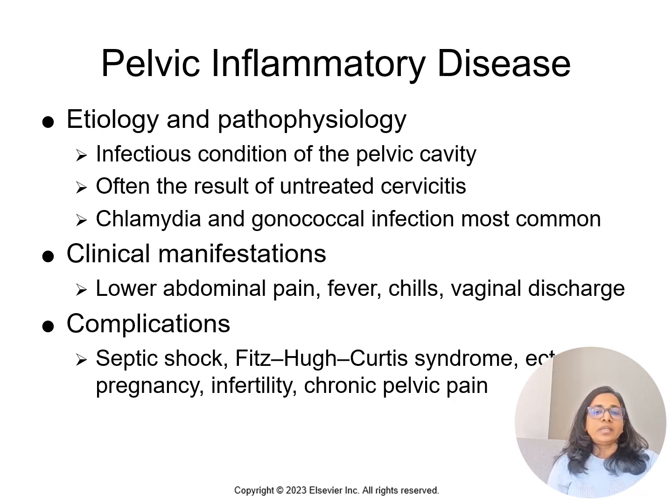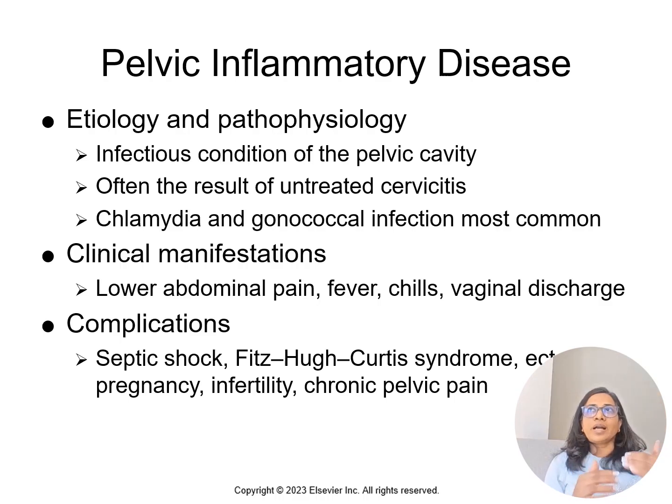Another condition called Fitzhugh-Curtis syndrome is usually seen as a complication of pelvic inflammatory disease. What that means is that the perihepatic region also gets inflamed. As a result of the pelvic inflammatory disease, small violin-like strings go from the pelvis and get attached to the liver.